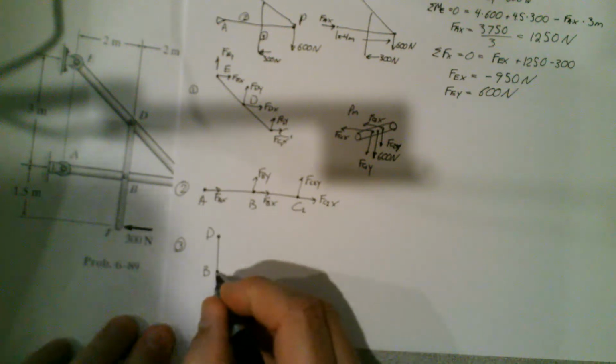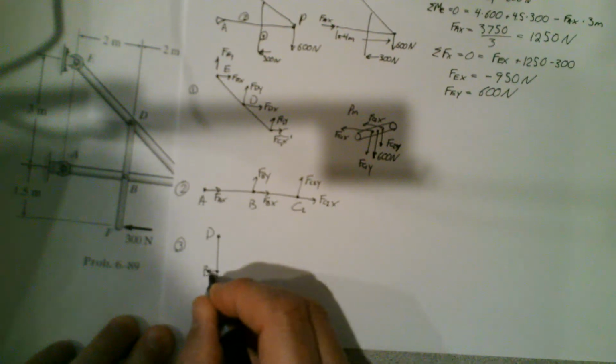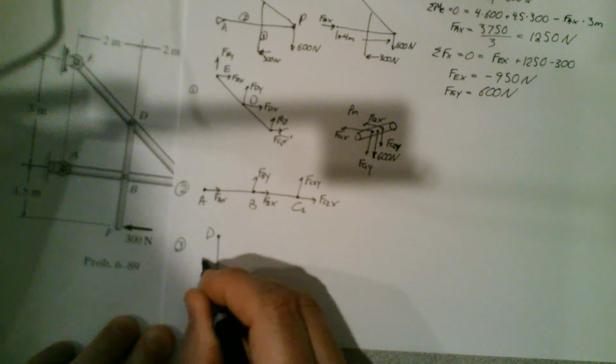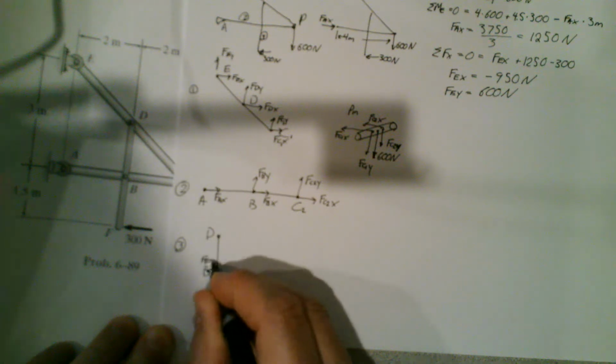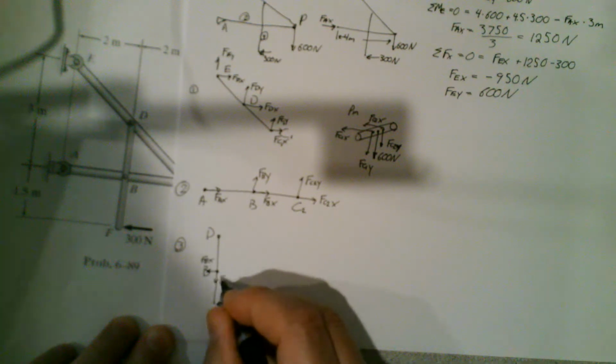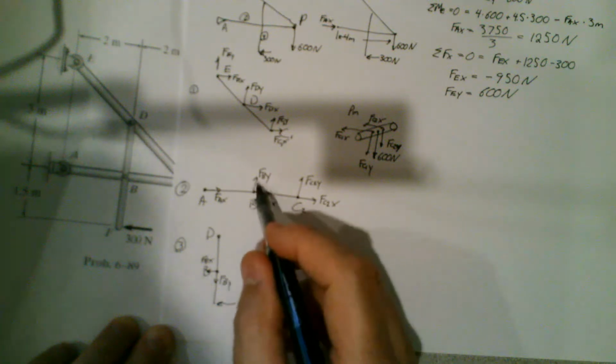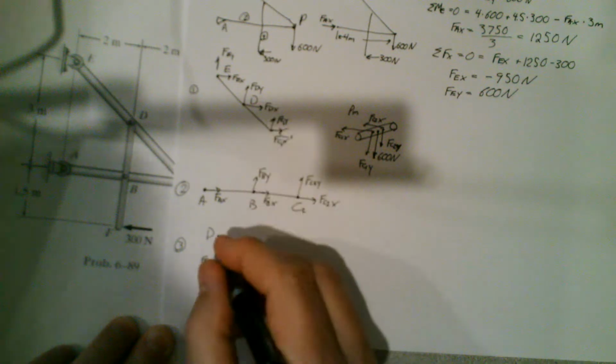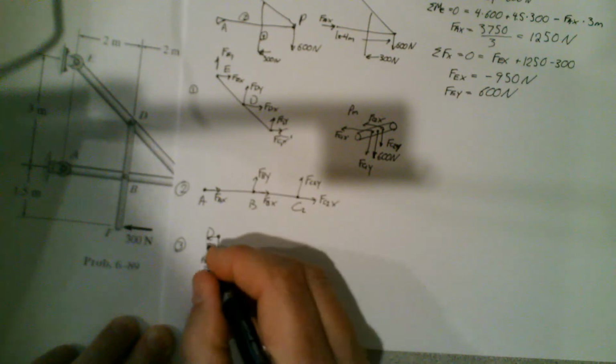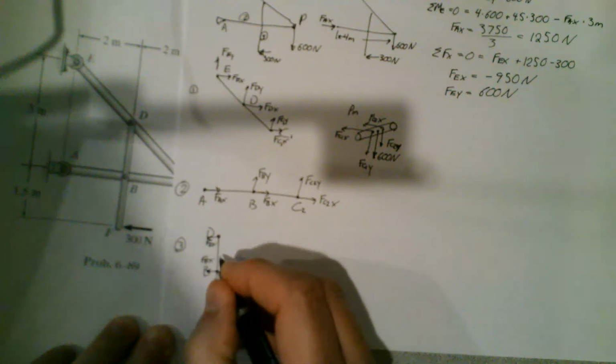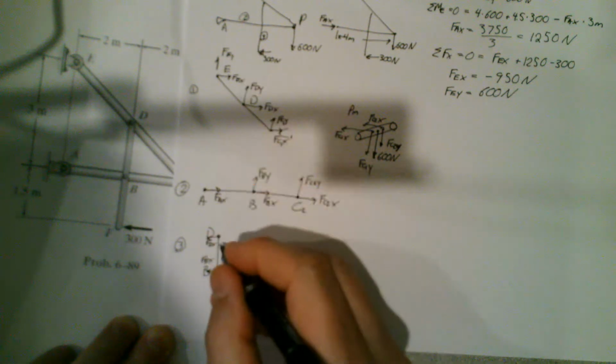So let's take B. I should have written on the other side so it's not so messy. Sorry about that. FBX here and FBY. So it's opposite of that. And then the same over here. Same thing. FDX. And then since that's up, that's down.